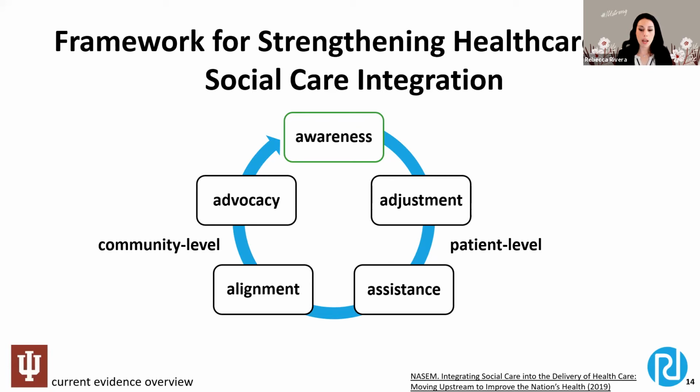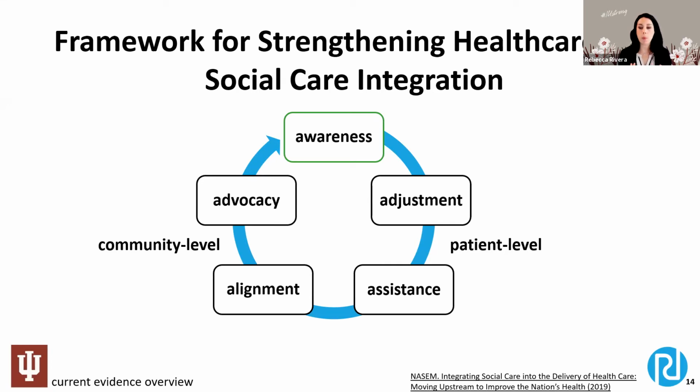So a national panel of experts convened at the National Academies of Sciences, Engineering, and Medicine and produced this report. The most important thing that came out of this report is this framework for strengthening healthcare and social care integration. And this framework kind of builds on itself.